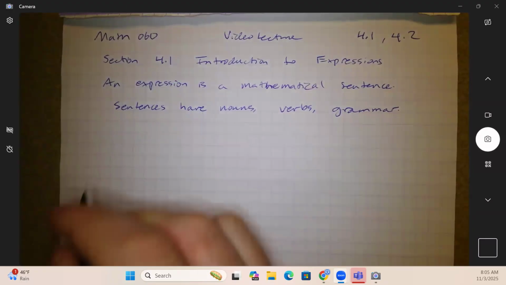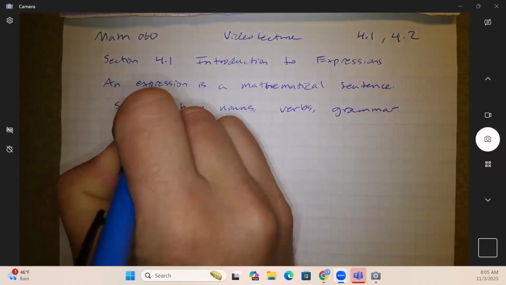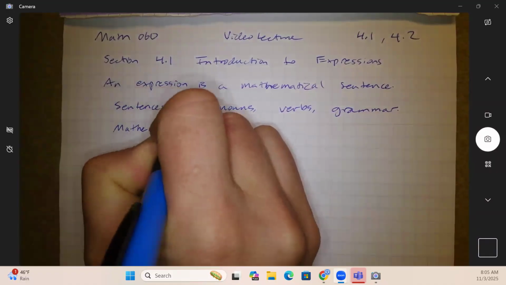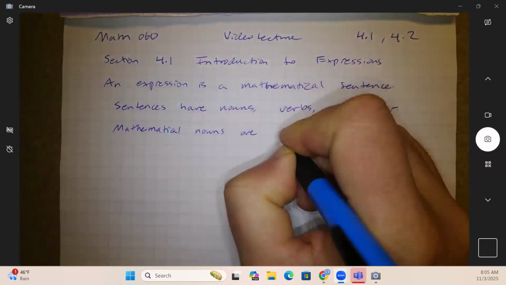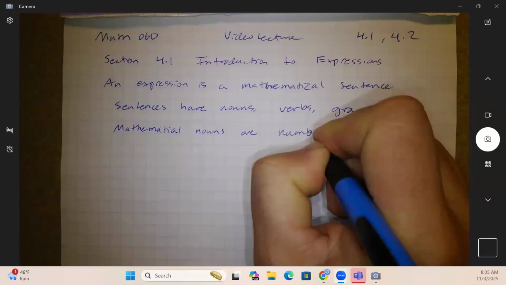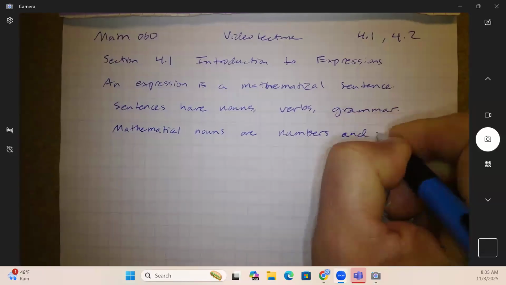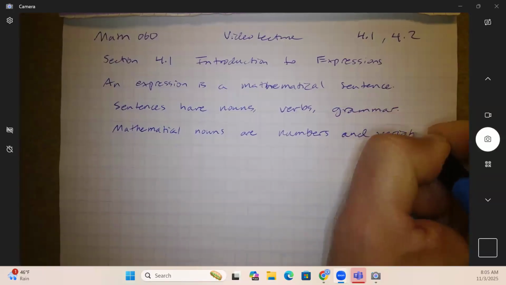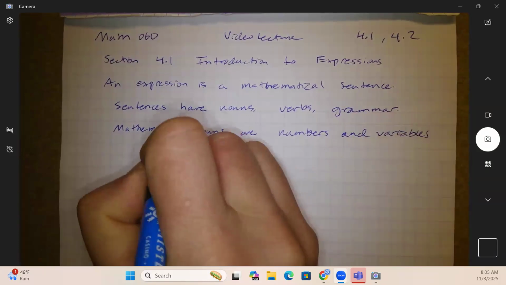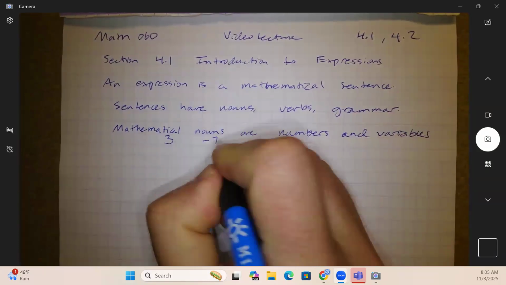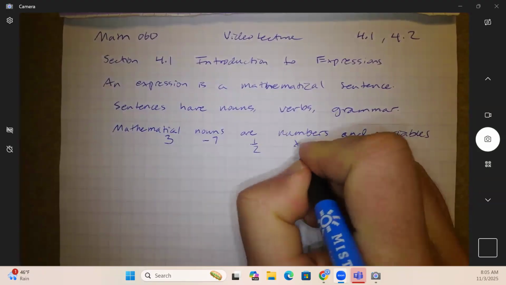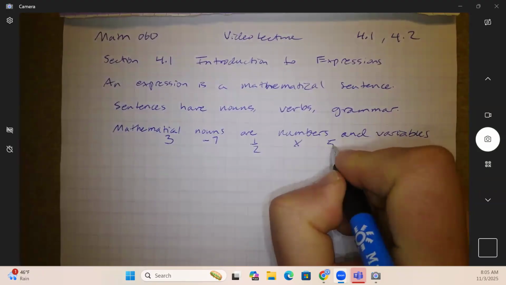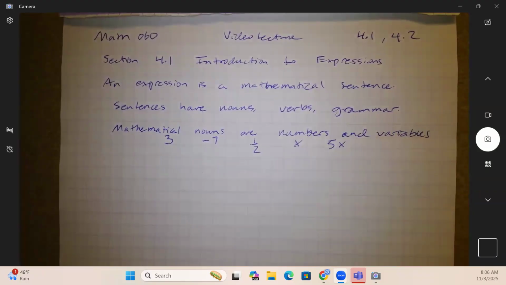So in math, mathematical nouns are numbers and variables, like the number 3 or the number -7 or the number 1/2 or the variable x or a combined variable like 5x. And these are our mathematical nouns.